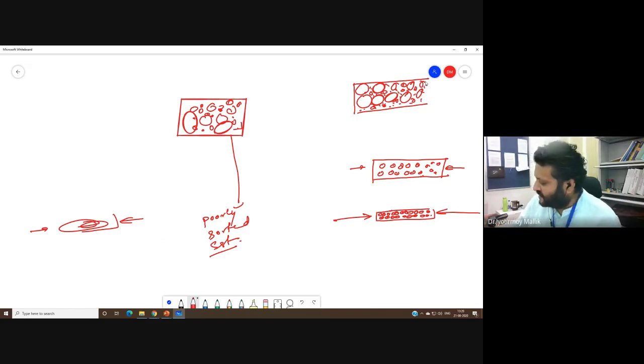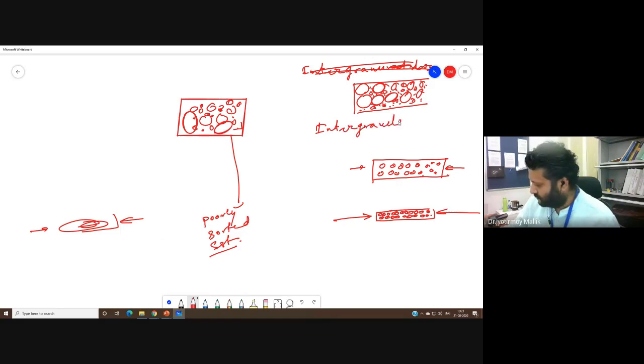The intergranular space, write it here, is reduced, right?